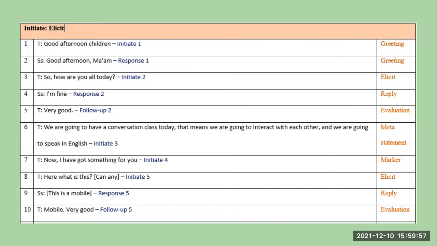And then if you see number 6, the teacher said we are going to have a conversation in class today. That means we're going to interact with each other and we're going to speak English. The teacher is initiating, and this is a meta statement. Meta statement is a statement giving information about another statement. And then it's continued by another initiation that said, now I have got something for you. This is considered as marker, which is a sign that indicates the topic will be changed.